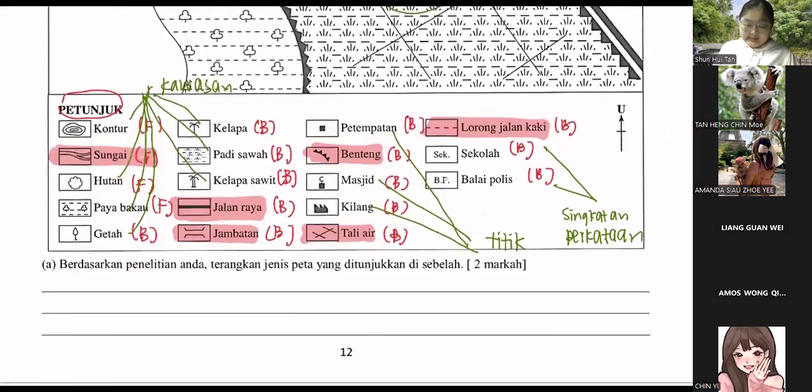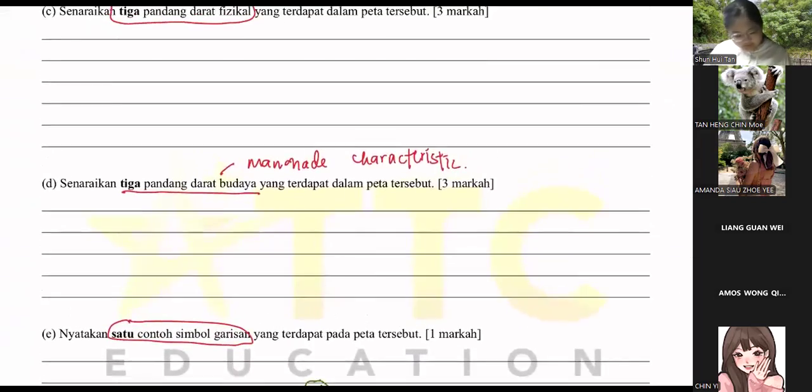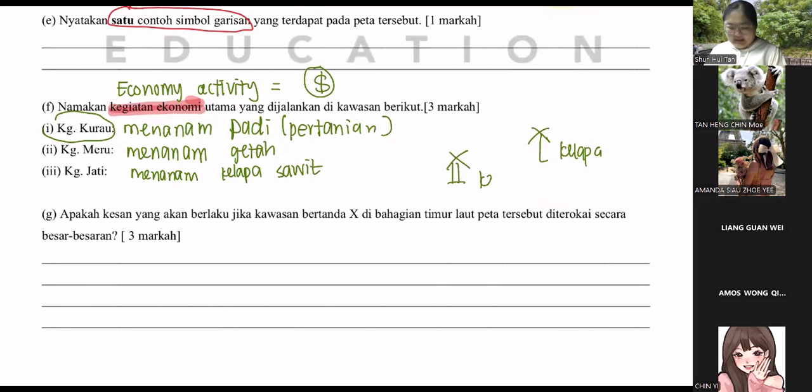Kelapa sawit, yes. Wait, what? Coconut? No. This is coconut. This is kelapa, yeah. Sawit. It's a bit different, yeah. Make sure you can differentiate them, okay?